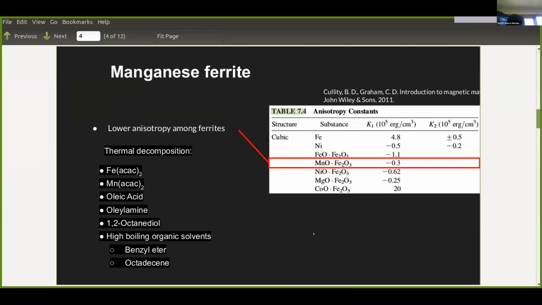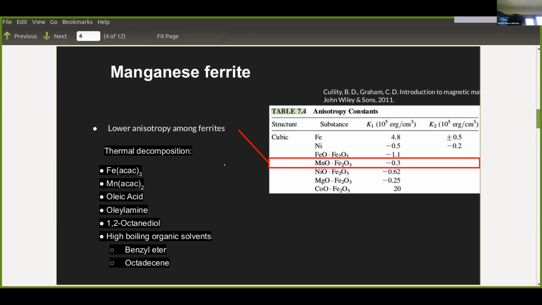For this case, we use manganese ferrites because they present one of the smallest anisotropies among the ferrites. Thus, we examine two systems of manganese ferrites and evaluated the heating efficiency.